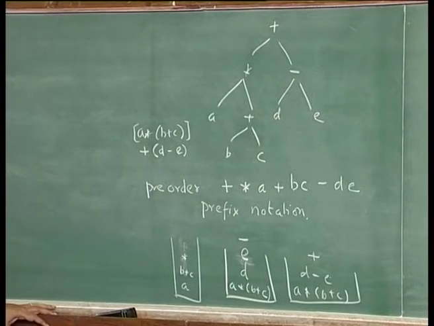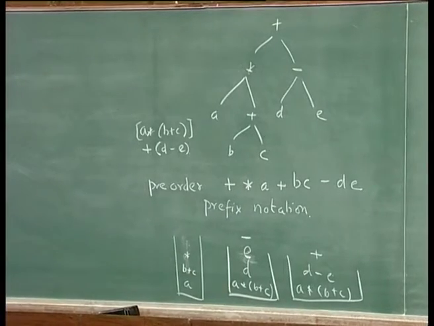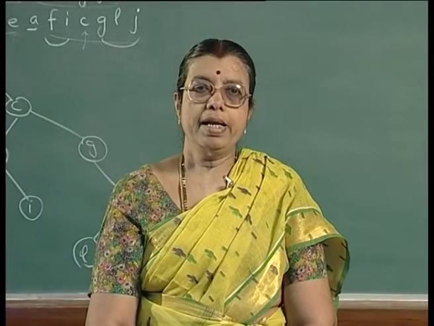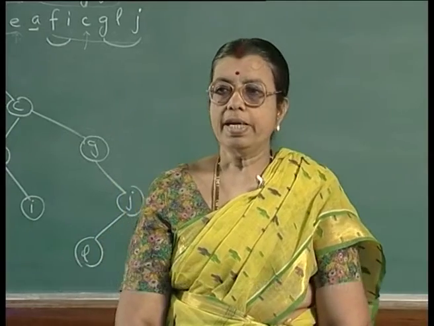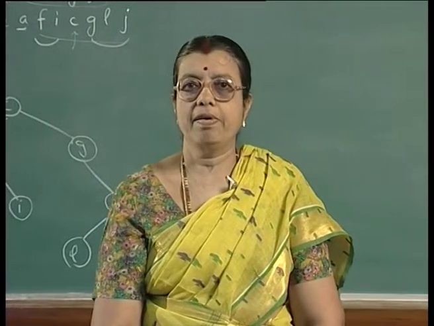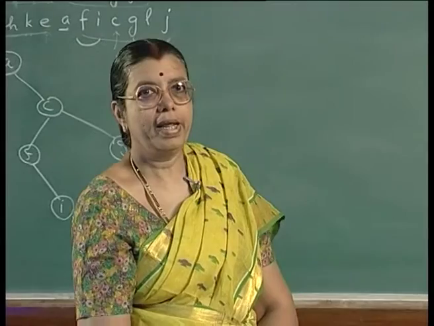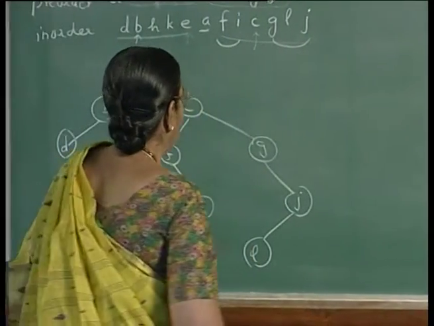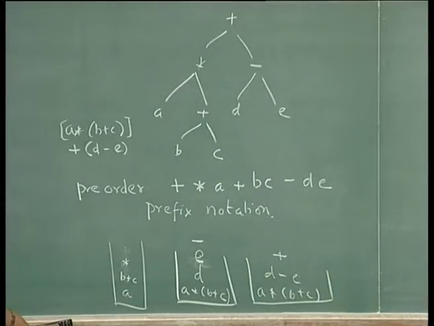So, we have seen some facts about search trees and trees as data structures. In undirected graphs also you can talk about trees. So, now let us take some undirected graph and see what we mean by a tree.